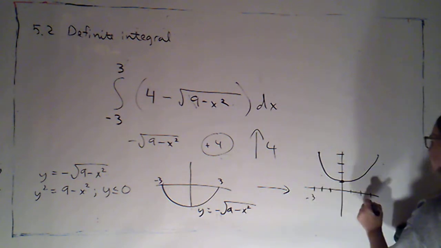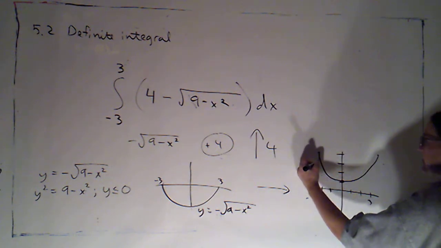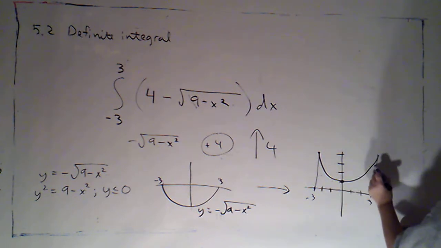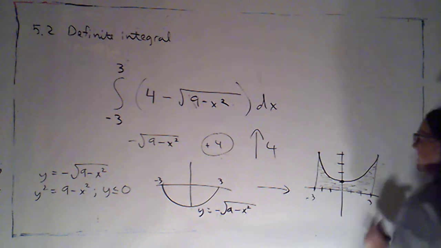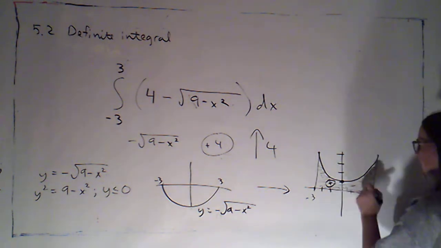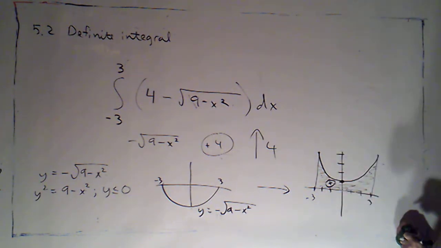So now, that's going to be my ceiling. The x-axis from negative 3 to 3 is going to be my floor. I'm allowed to draw in the walls. So I've got this shape right here. Now I don't have a single formula for that shape. I can recognize that this is going to be positive area because it's all above the x-axis.